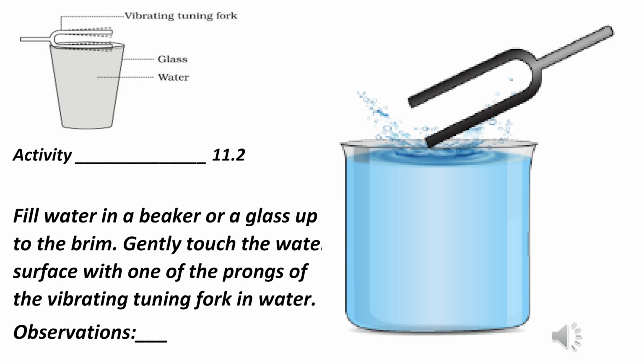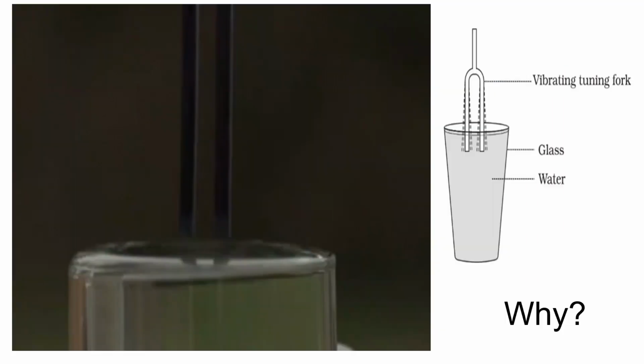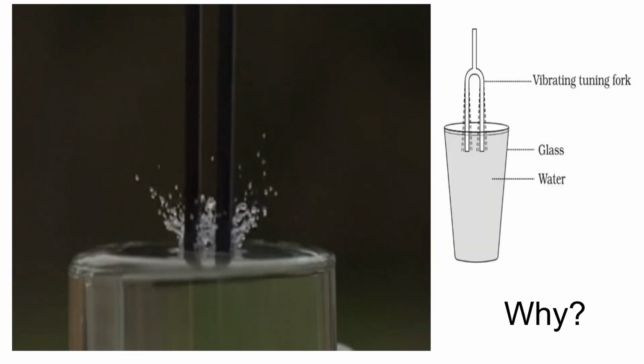I touched that tuning fork at the surface level of the water. That means the surrounding particles in the medium will be pushed forward. That means by the vibrating body, we can produce sound. I am showing the upper portion.